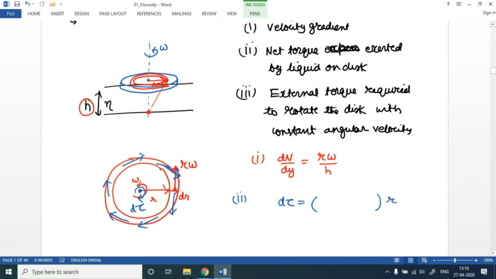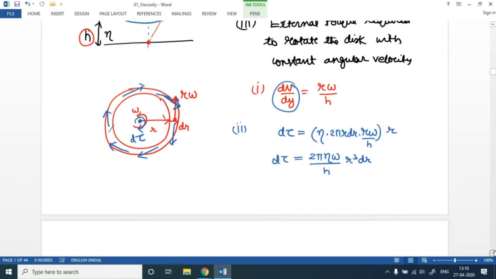The magnitude of tangential force is going to be simply eta times A, where the area of this thin element is 2 pi r dr, and the velocity gradient dv by dy is nothing but r omega by h. Let me simplify it, that is 2 pi eta omega by h into r cube dr. So that is d tau.